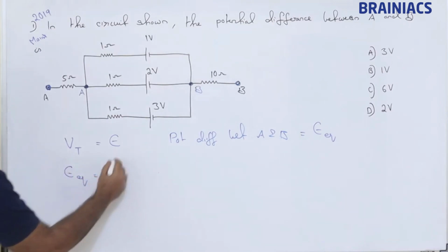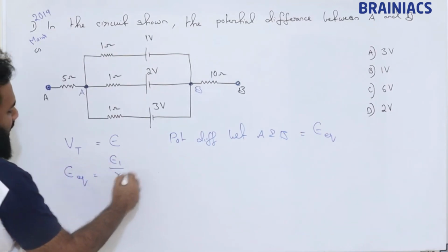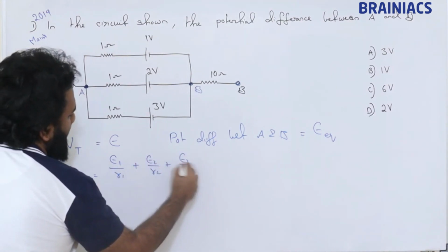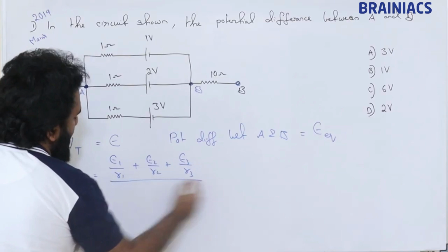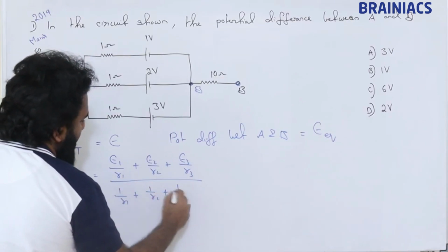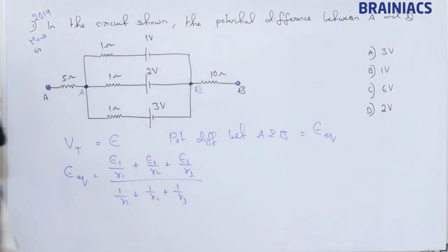So what is E equivalent? E1 by R1 plus E2 by R2 plus E3 by R3 divided by 1 by R1 plus 1 by R2 plus 1 by R3.